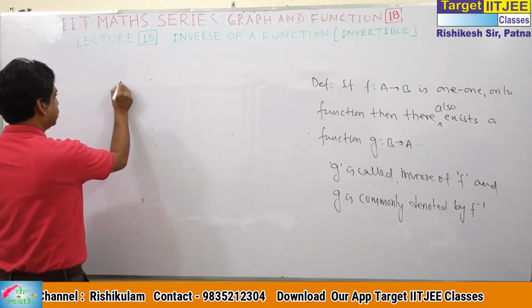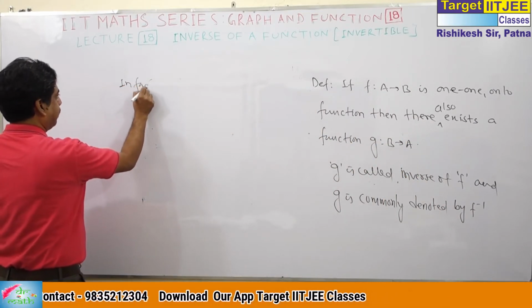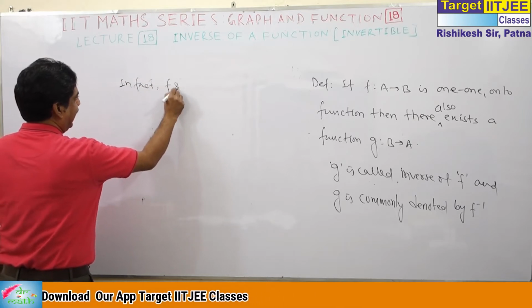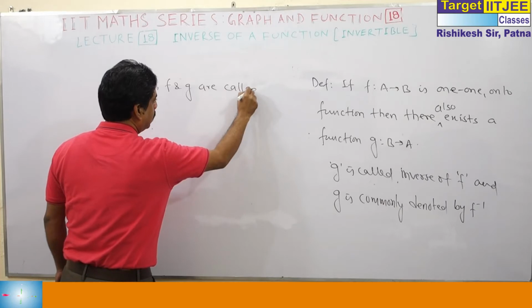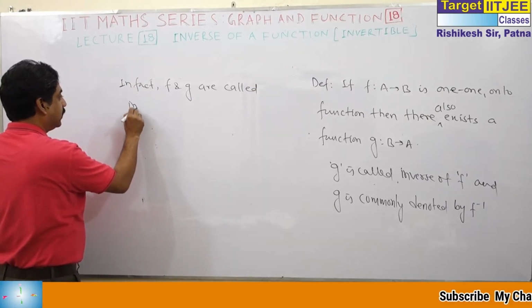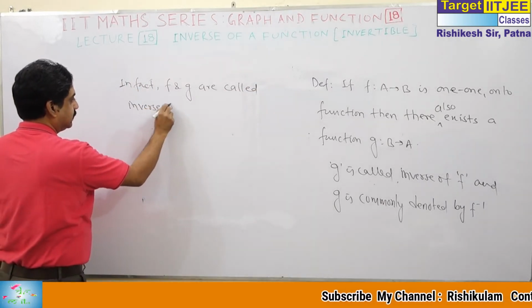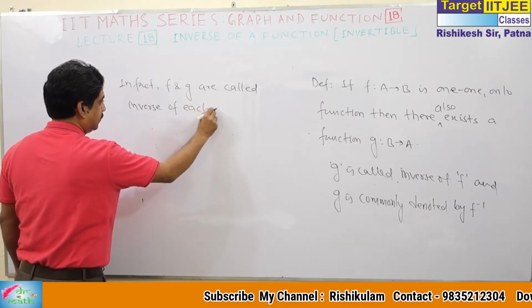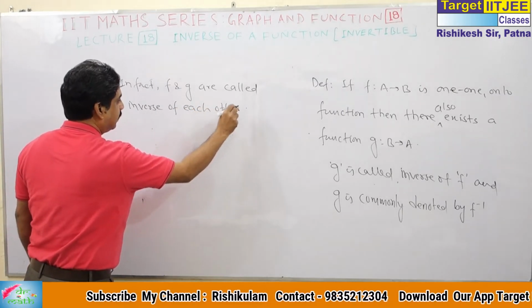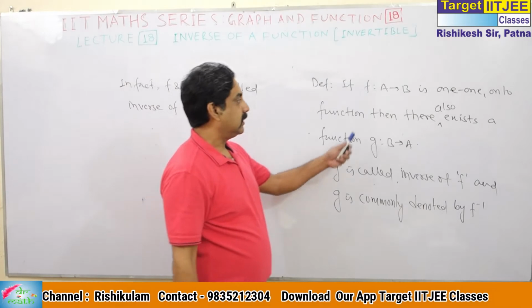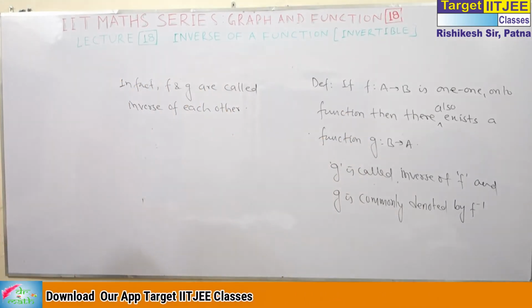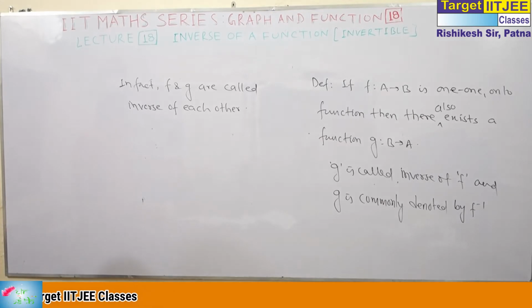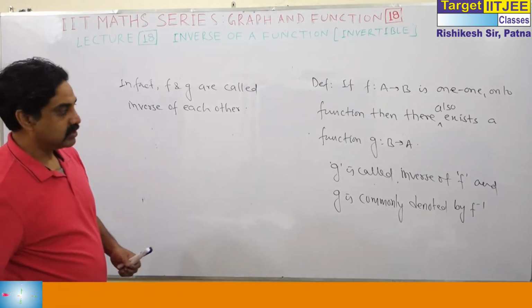In fact, F and G are called inverses of each other. Though I am expressing that G is the inverse of F, both are inverses of each other. So this is the definition.